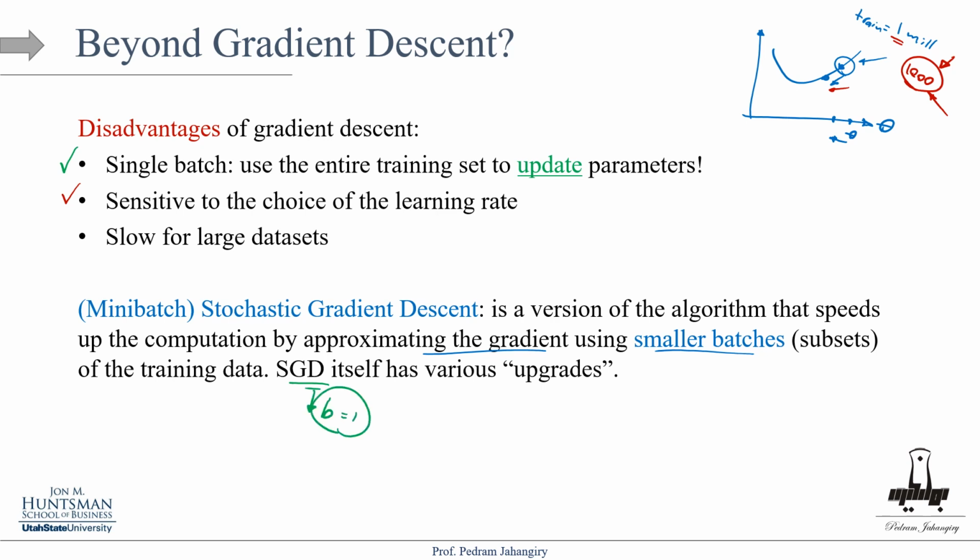This means that at each iteration, we are only using one random observation from the train set to update the parameters. As you can guess, it's going to be a lot faster, and at the same time a lot noisier. Let's see in the next slide how we can visualize this. And by the way, stochastic gradient descent has its own different upgrades, which we're going to talk about in the following slides.